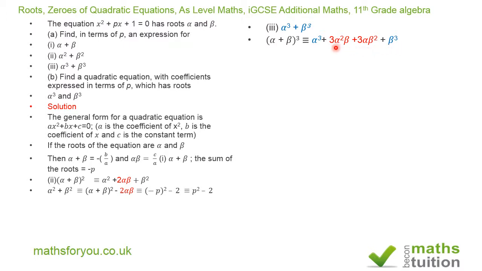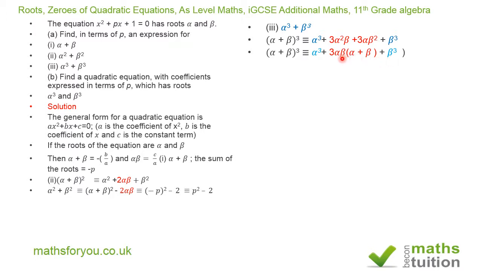Now I'm going to factorize the bit in red. So I now have alpha plus beta all cubed is equal to alpha cubed plus 3 alpha beta multiplied by alpha plus beta and then plus beta cubed.